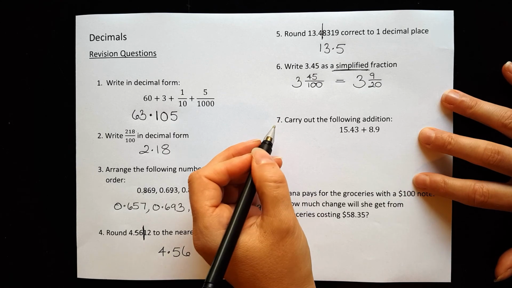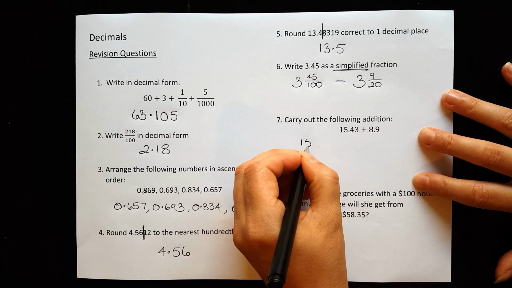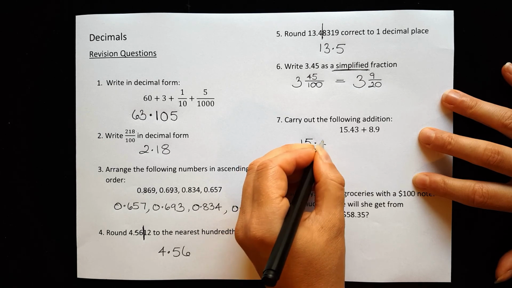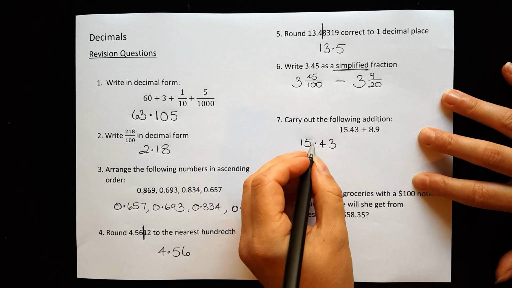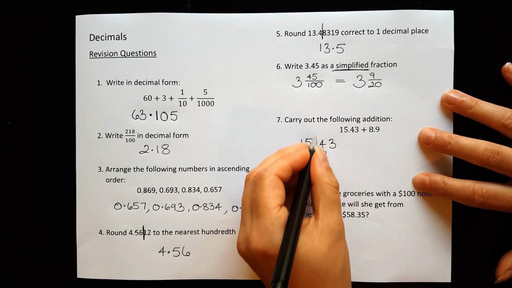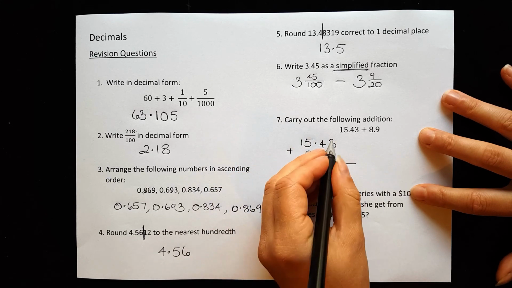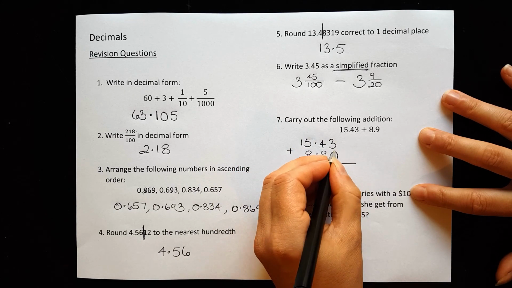Question 7, carry out the following addition. We want to first of all set this up in columns, 15.43 and 8.9. The decimal points need to be aligned, and I want to add these together. Because I have a gap here, I can put a 0 in.